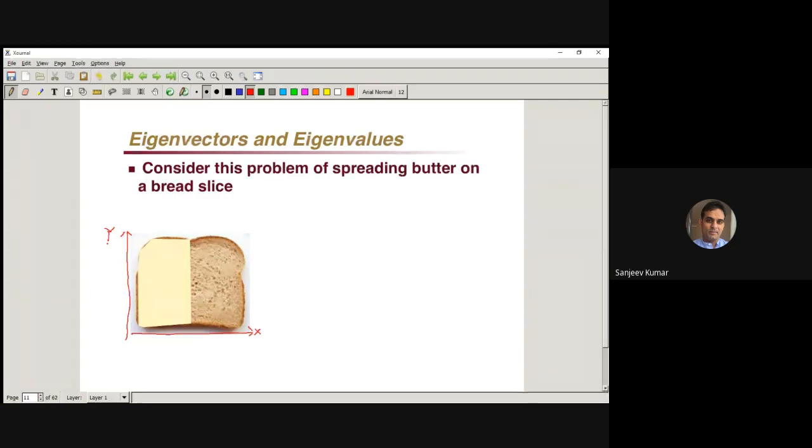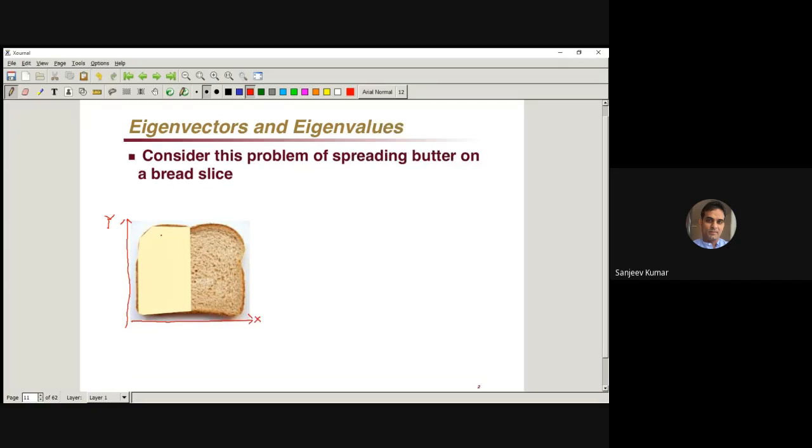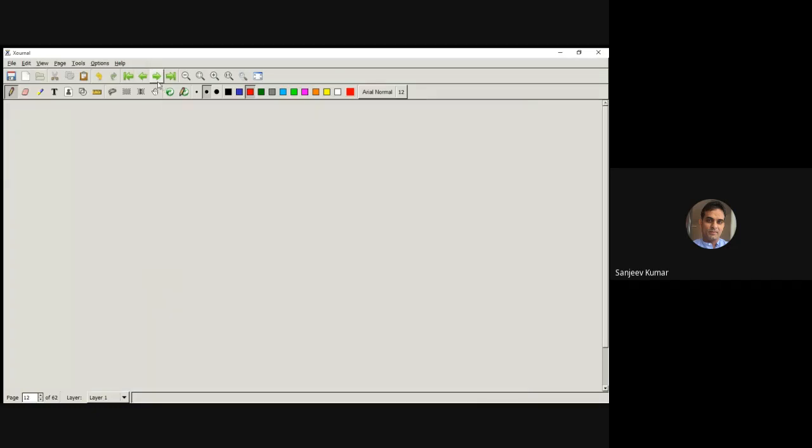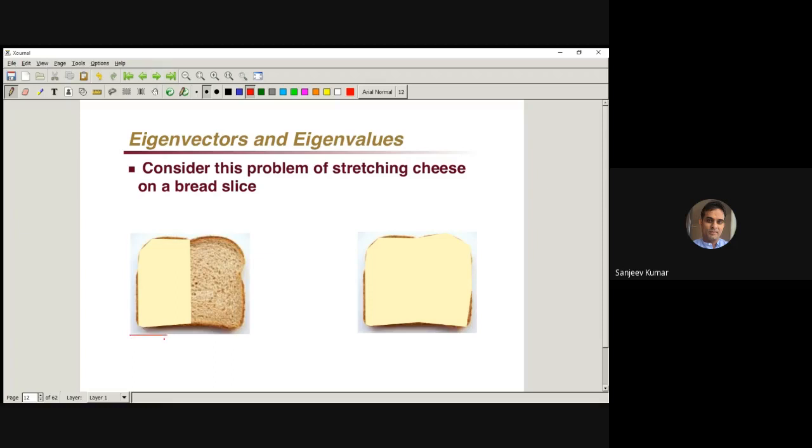Now what I want to do is apply a transformation onto this butter such that it spreads over the whole piece of bread. So what must the transformation be? Anybody? I want to stretch it to the whole bread slice.